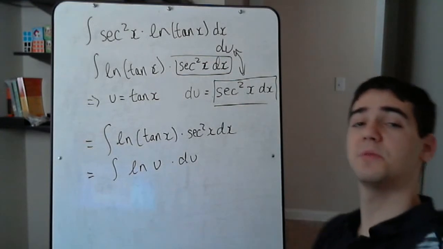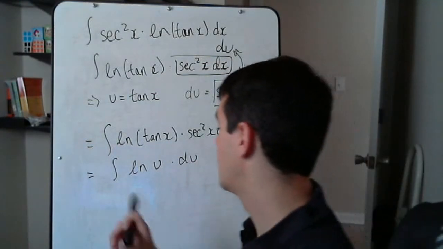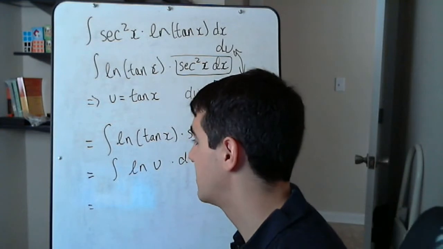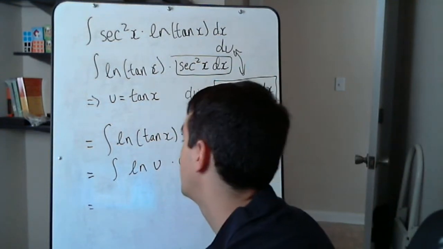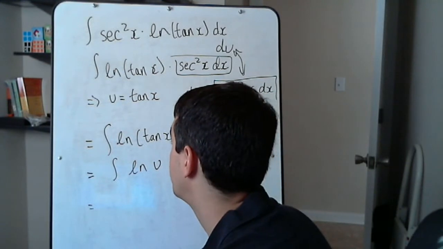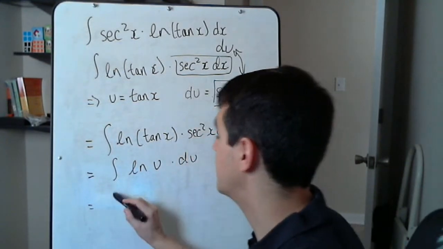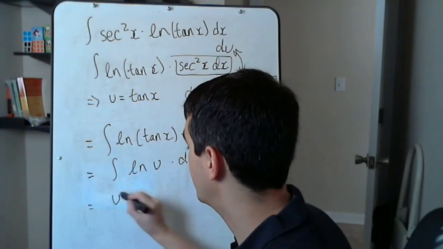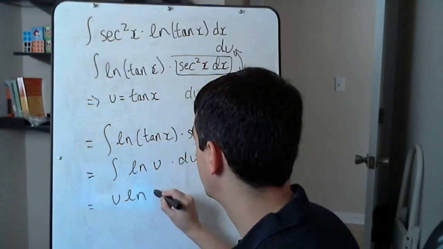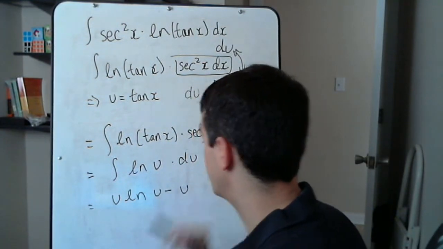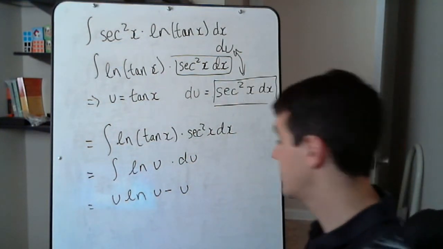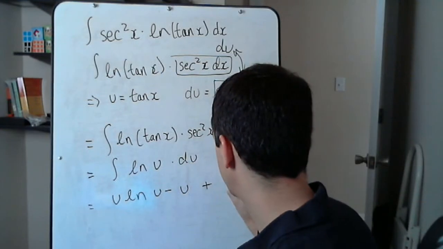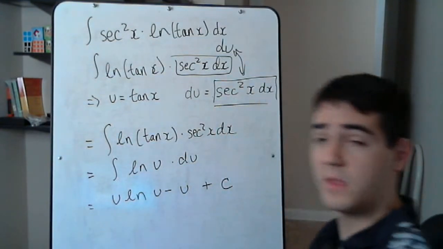Now we can integrate with respect to u. When you integrate ln of u, believe it or not, this is a formula that they will possibly even give you: u ln u minus u, plus c.